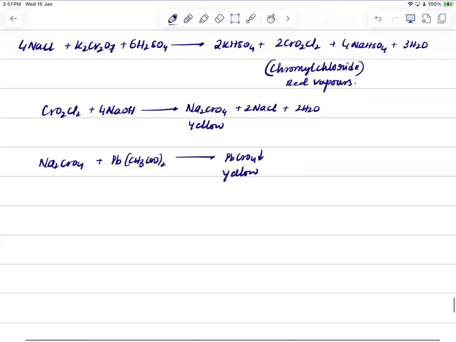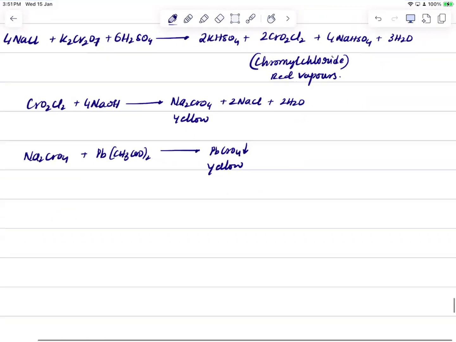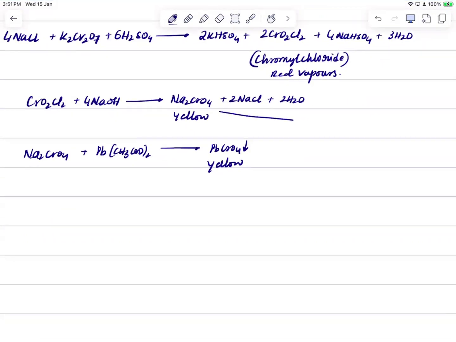Up to this yellow color formation, you need to do this. Got it? See, the other form is if you take this CrO4 2 minus here and add 10 percent peroxide H2O2 and gently shake this out, then we will get CrO5, which is a blue coloration of this complex, chromium pentoxide.